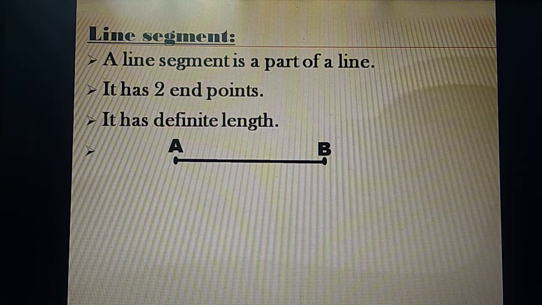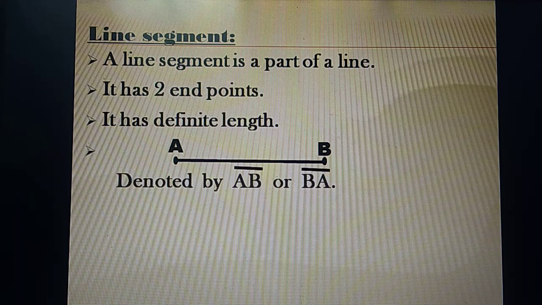Now we can easily measure this line, so it has a definite length. How will you name it? You can name it either AB or BA. It means either we can start from A or we can start from B.